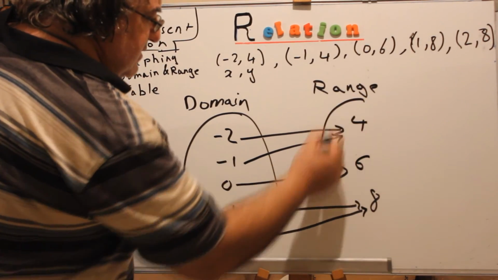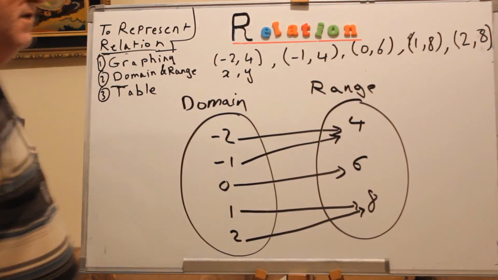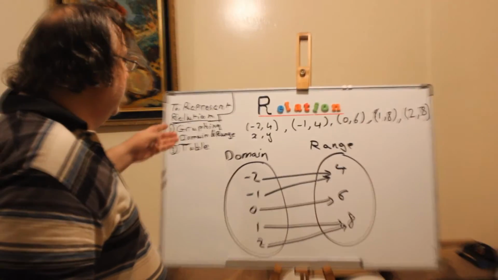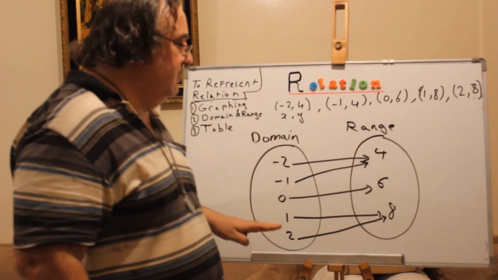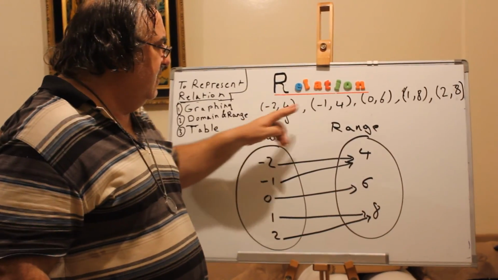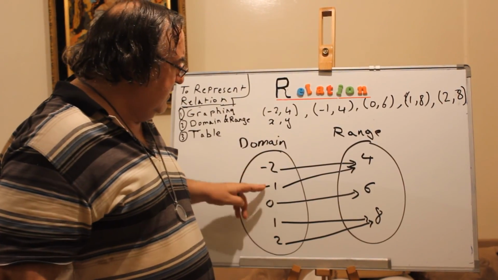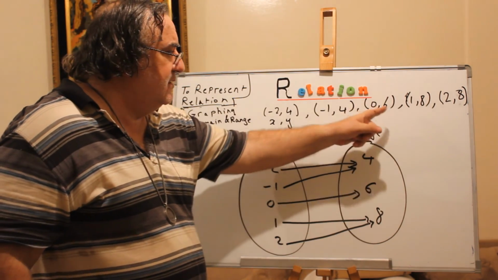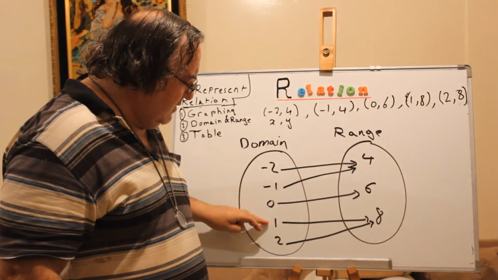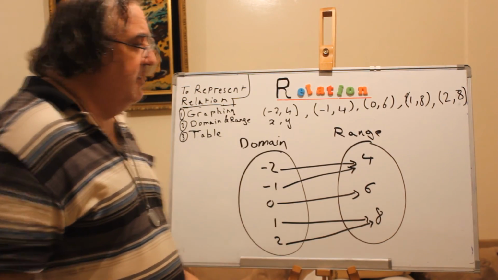And this is another set, the range. If -2 gives you 4, and -1 gives you 4, you write only one number 4. 0 gives you 6, 1 gives you 8, and 2 gives you 8, so 1 and 2 give you one number 8. I hope it's easy and understood.